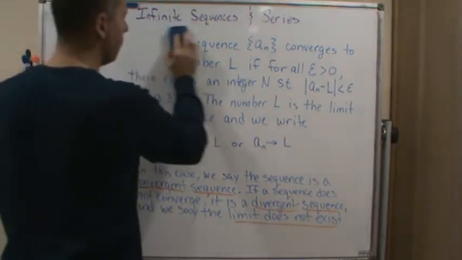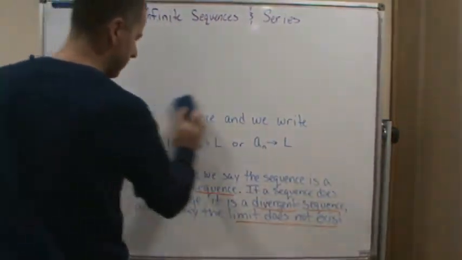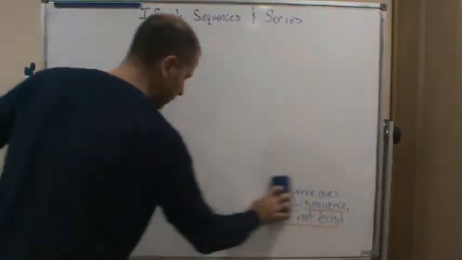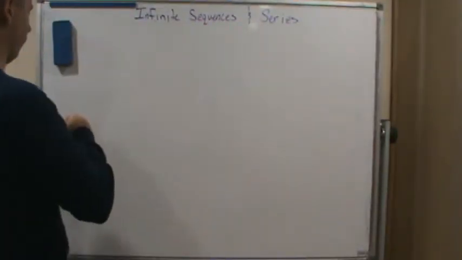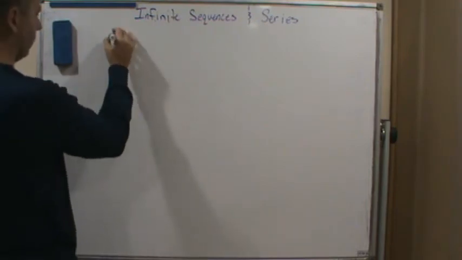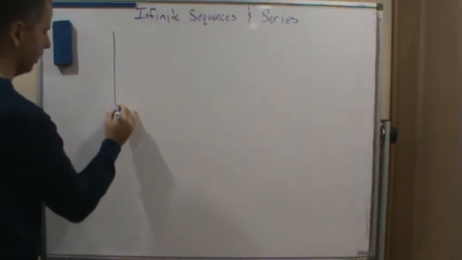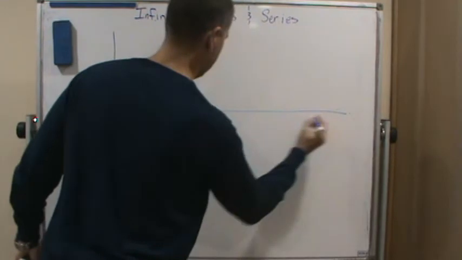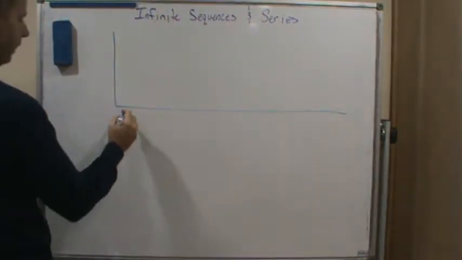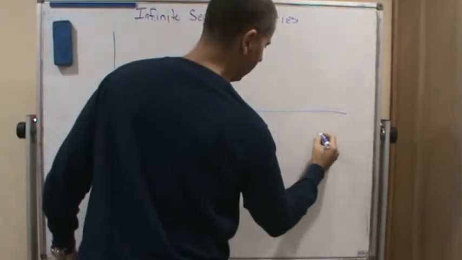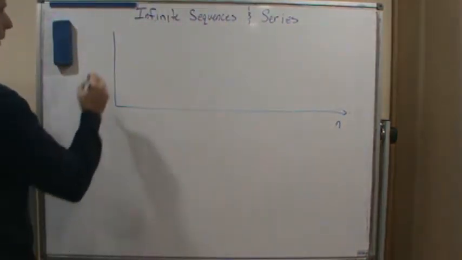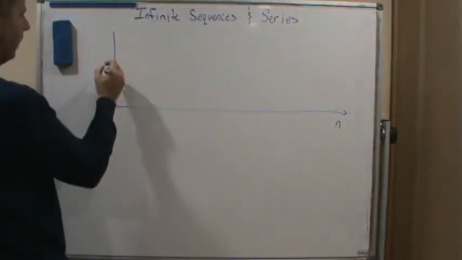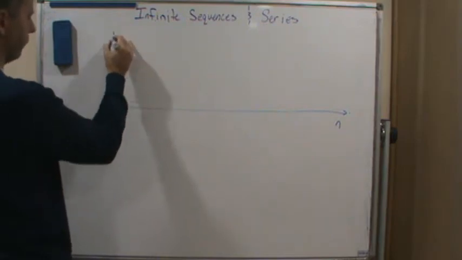So let me show you what I mean by this definition. Let's say we have something like this, and this is going to be n, and this is going to be, let's say we have L on here.